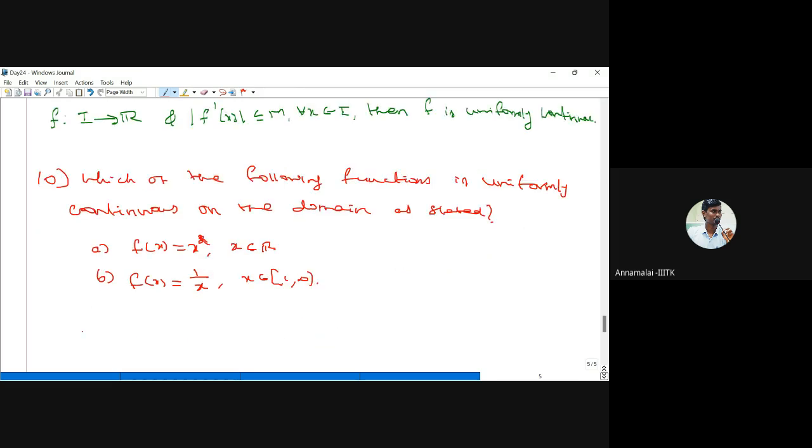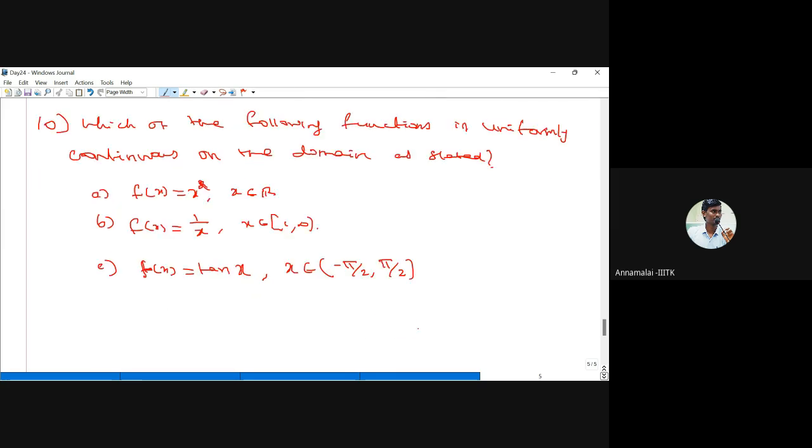The third function, f of x equal to tan x, where x is in the interval (-pi/2, pi/2). The last one is f of x equal to the integer part of x, where x varies in the closed interval [0, 1].